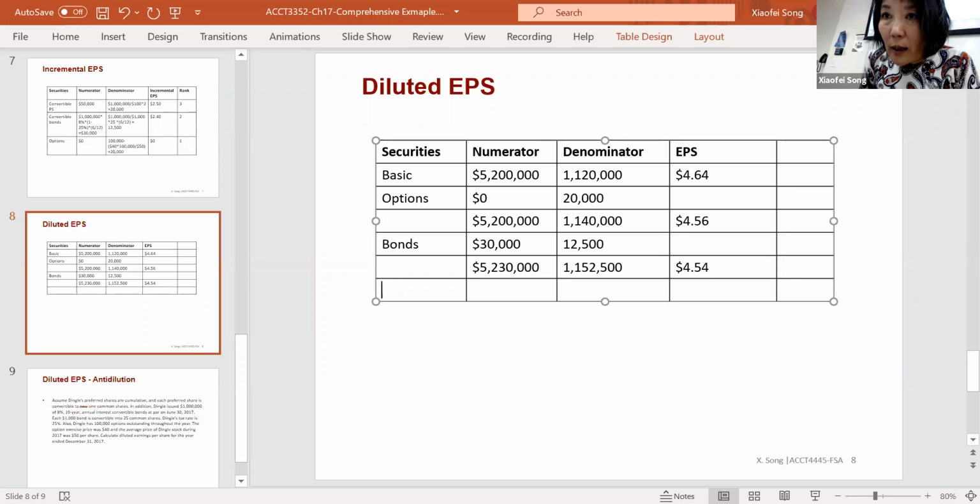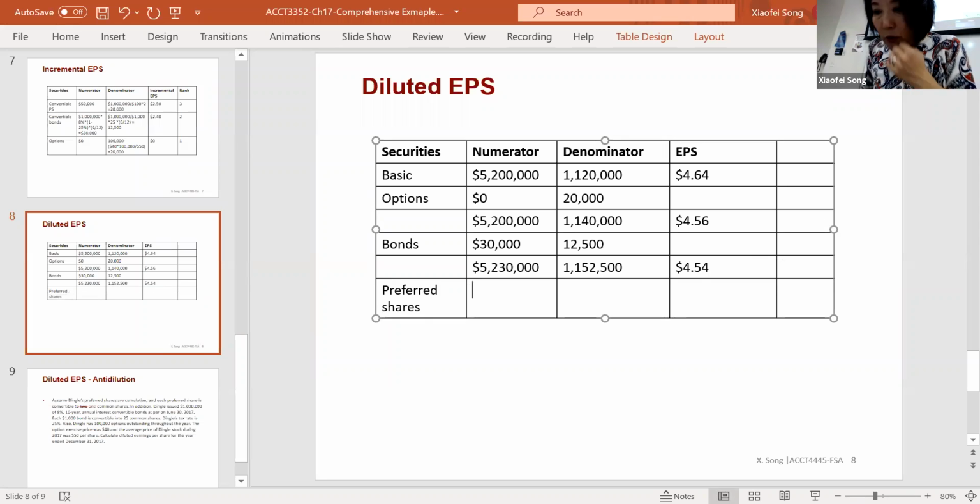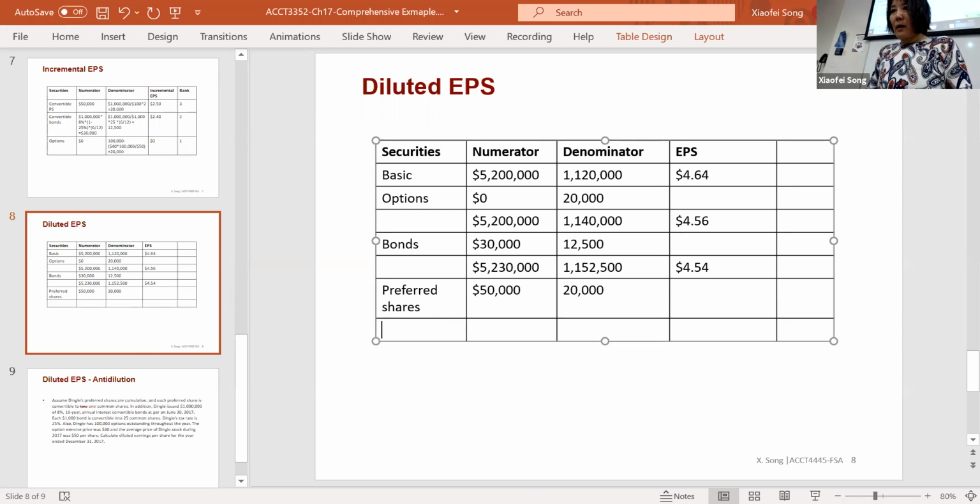And the last one is the preferred shares. Based on our calculation, the 50,000 preferred dividends is the numerator, and the 20,000 shares is the denominator. With that added in, the total numerator will be 5,280,000.